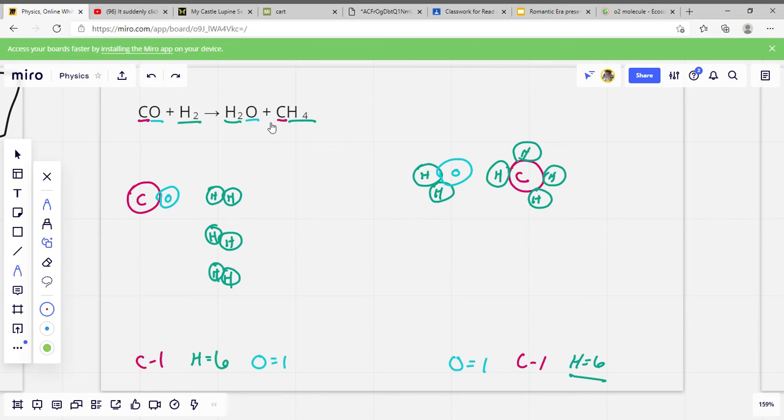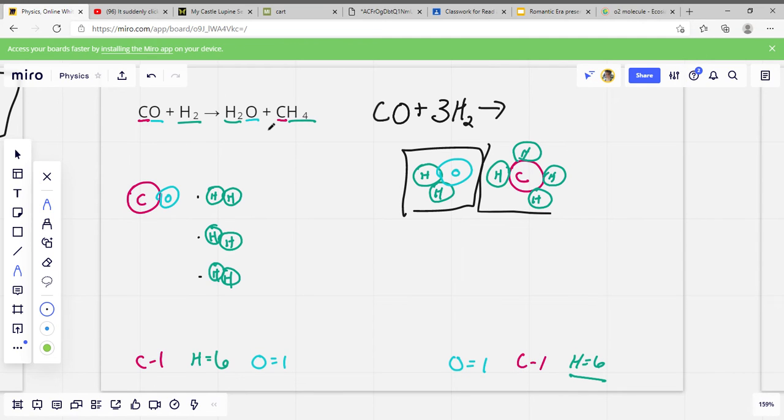Okay, so to write the answer, we've got 1 CO plus 3 H2 equals 1 molecule here and 1 molecule here. This is our H2O, our water, and this is our CH4.